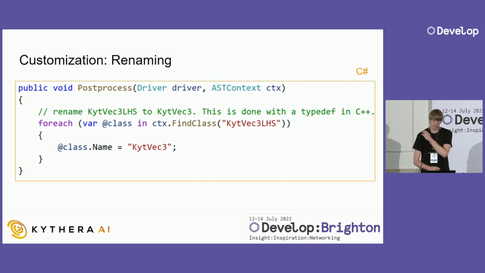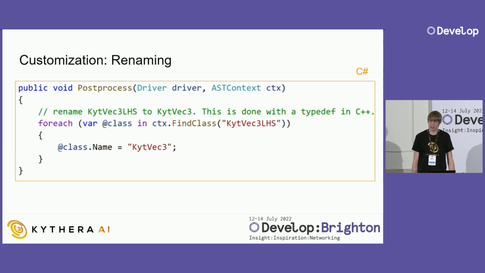This is run after the AST has been parsed and all the translation passes have run on the AST. So right now, we already have the code for the bindings in memory, but we can still modify it. One example we are doing is we have support for both left-hand side and right-hand side vectors in our codebase. And based on a define, we typedef to the canonical way we are used, depending on the engine.